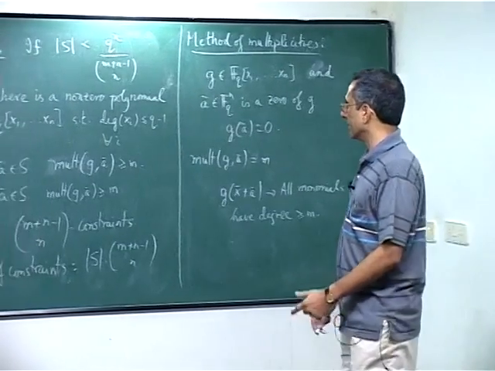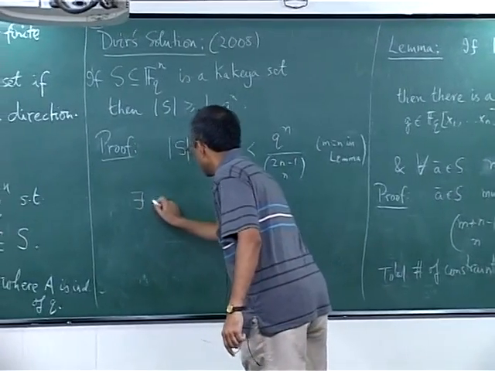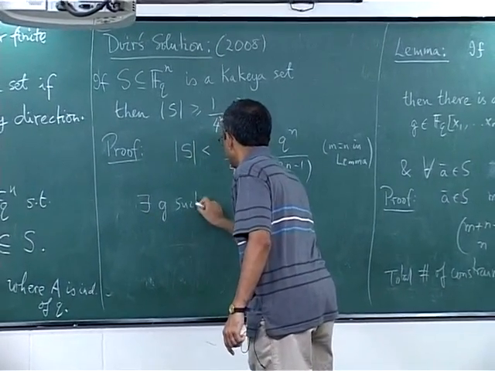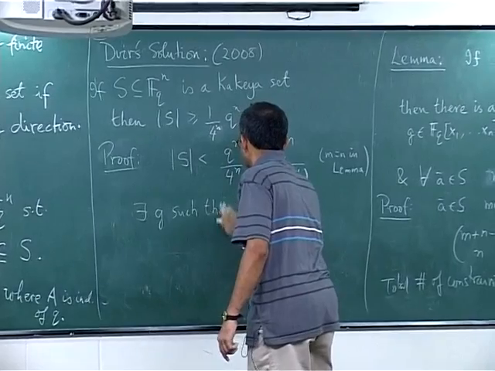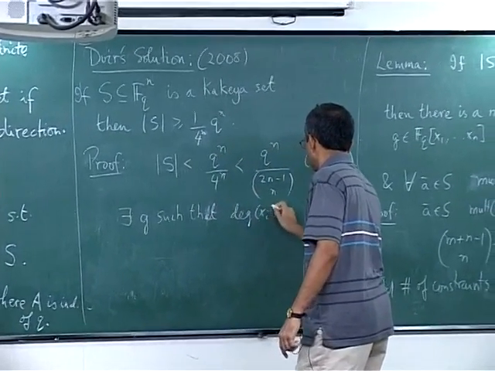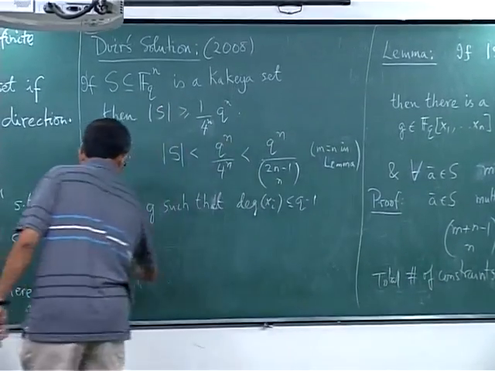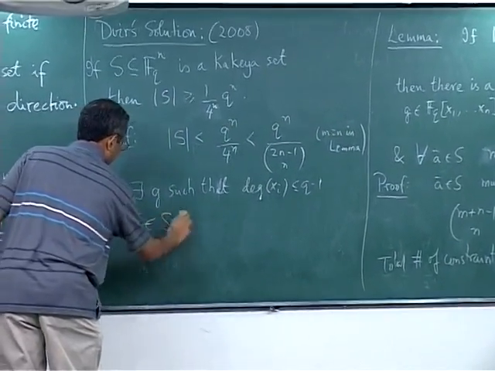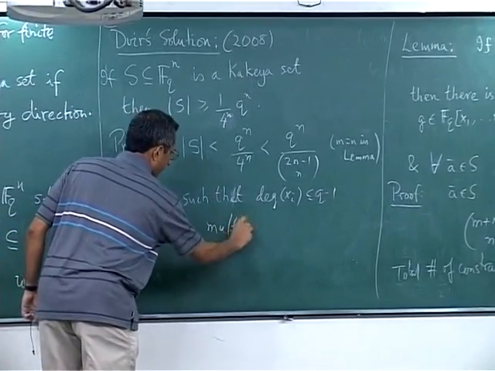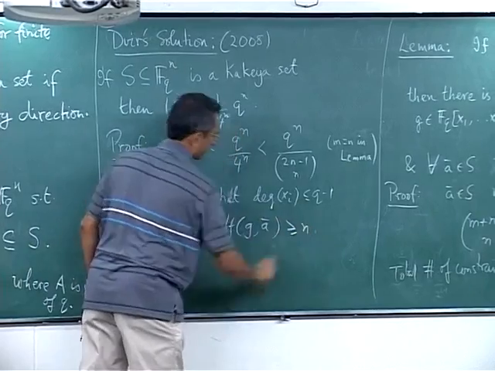So what does it tell us? It means there exists G such that degree of xi is at most q minus 1, and for all a in S, multiplicity of g at a is at least n.